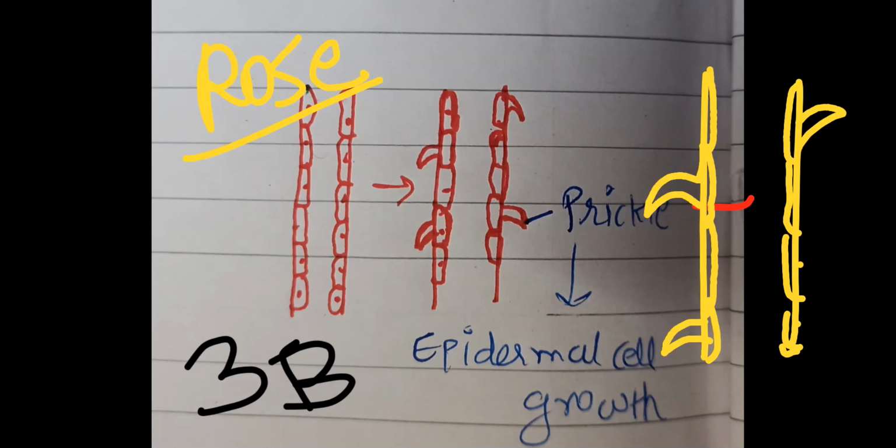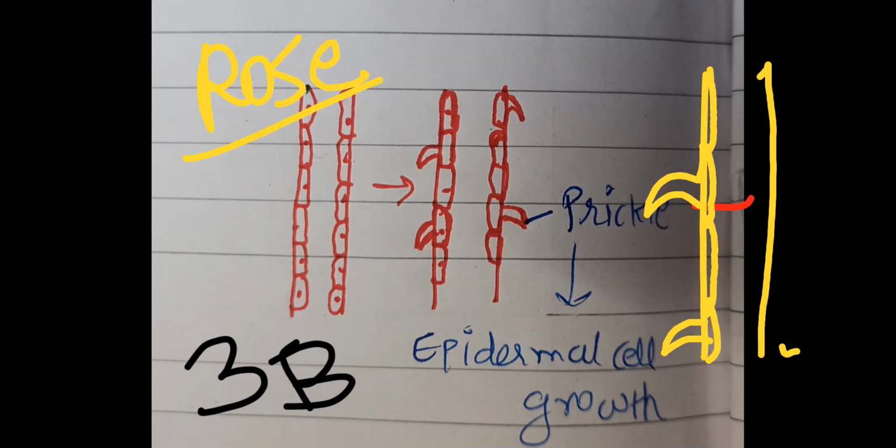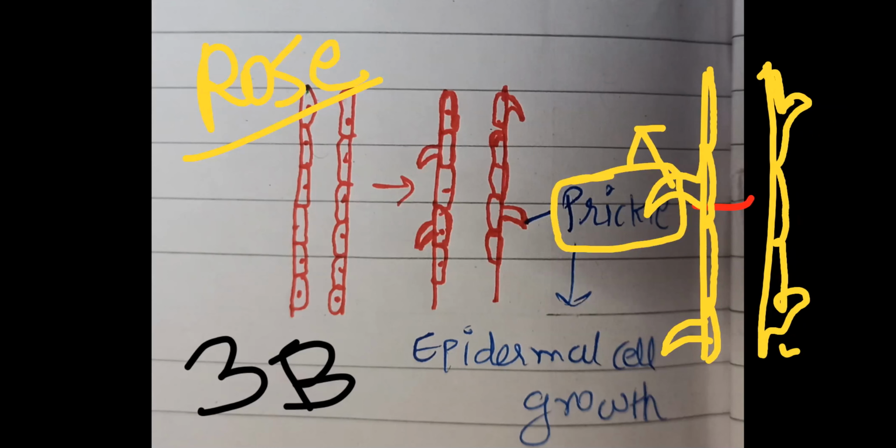See, pointed structure. And these pointed structures arise from just the outermost layer. That's why we can easily break them. And these are known as prickles. These are known as what? Prickles.